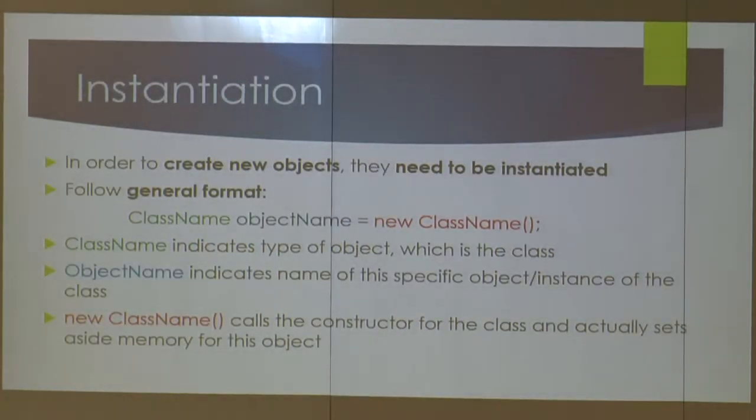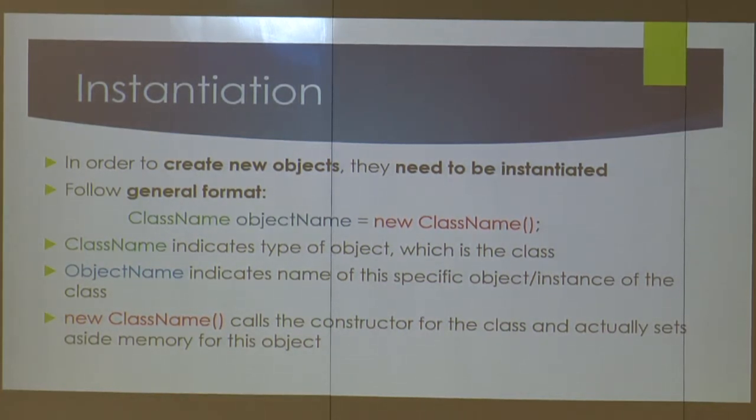So instantiation, which is another super important term in this class, is what allows us to create and then start using our objects. The general format is class name, object name equals new class name. The first class name, the one in green, indicates the type of object, which is the class it comes from. The blue object name is just an arbitrary name we decide to use for our object, and that's going to be the name we use to reference it throughout our program.